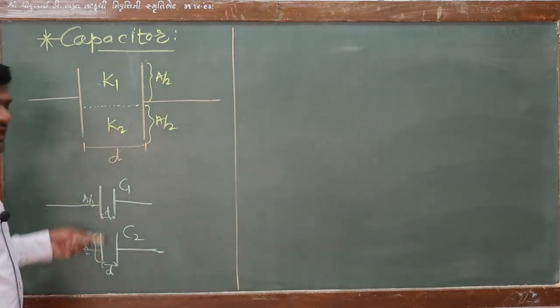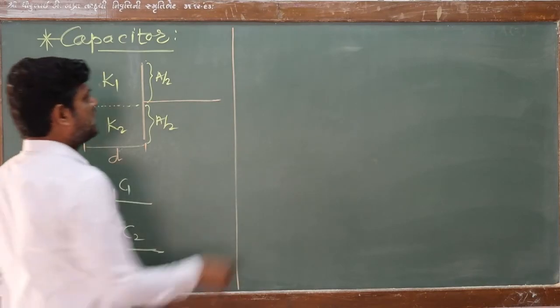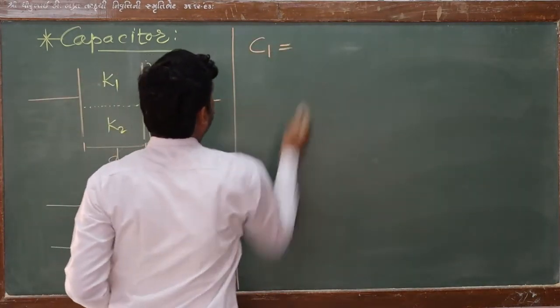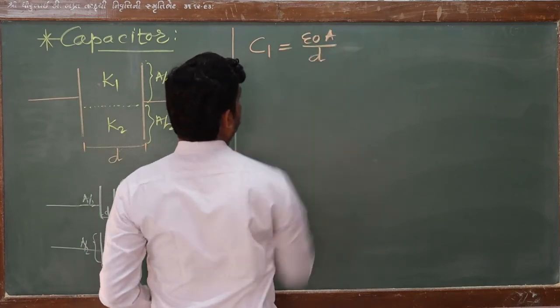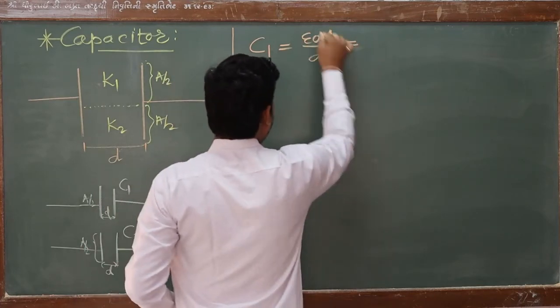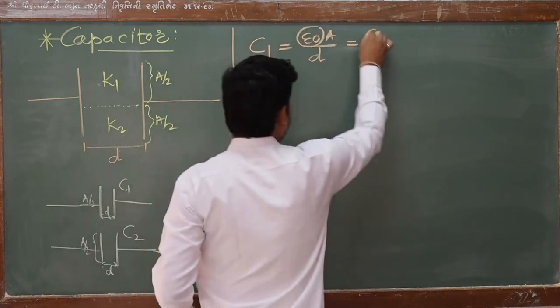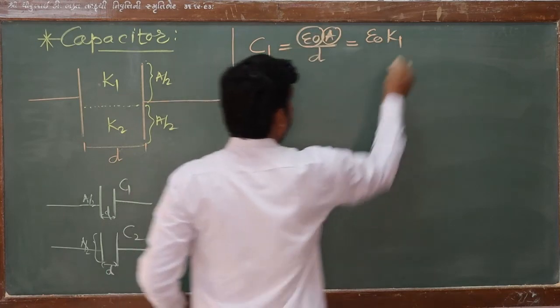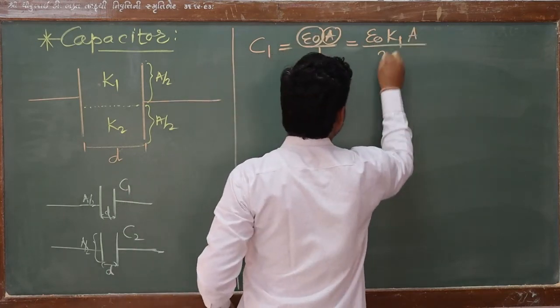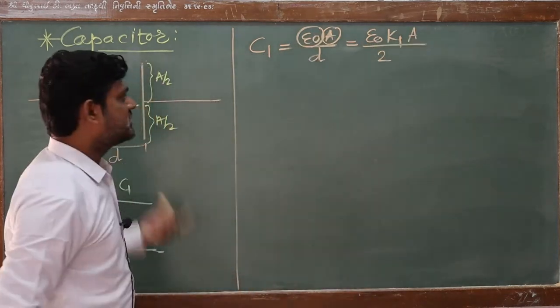These two capacitors are in parallel. What is the value of C1? C1 equal to what? Epsilon 0 A by D is your general equation. So what will we write instead of epsilon? We will write epsilon 0 K1. Instead of A we will write A by 2 and the separation is D only.